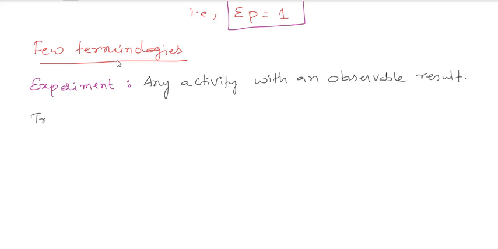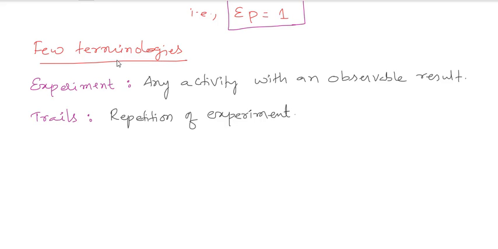trials. Trials means the repetition of an experiment. Simply, a repetition of an experiment is called the trials.